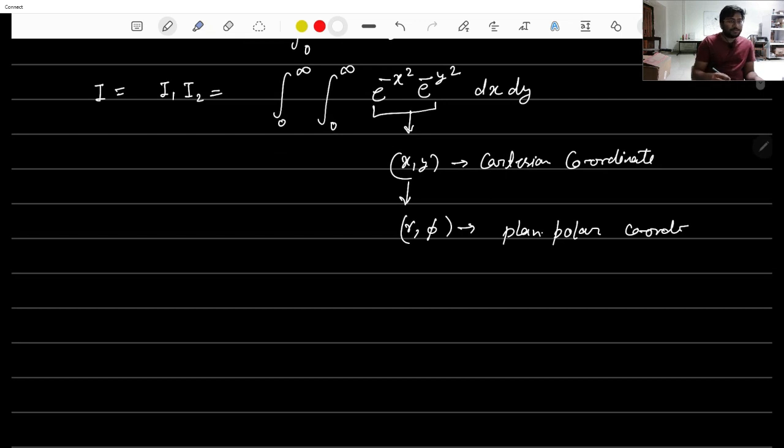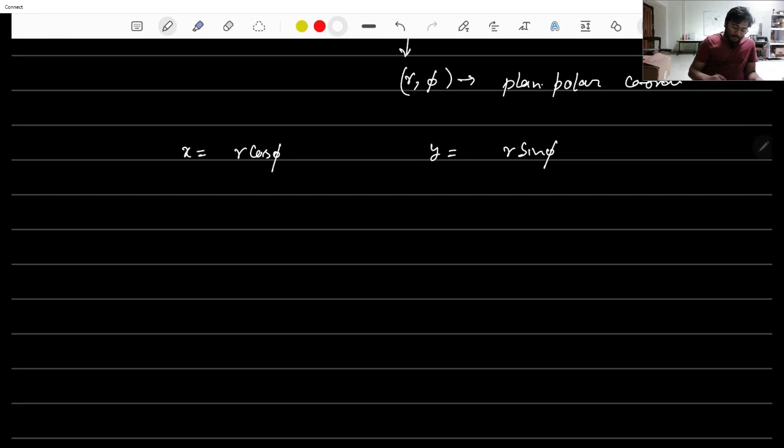We have a transformation rule, which we told you in the last video: the transformation from the Cartesian coordinate system to the plane polar coordinate system is x equals r cos phi and y equals r sin phi. Correct?